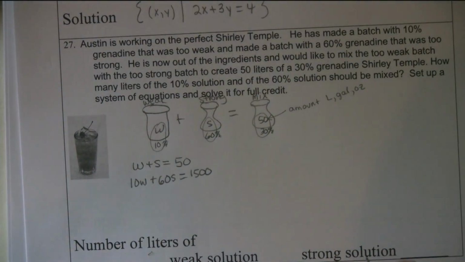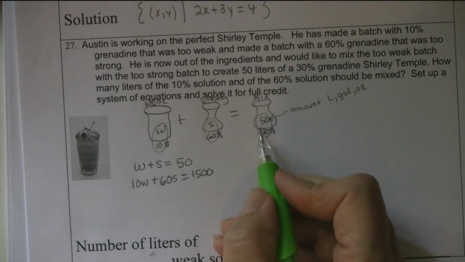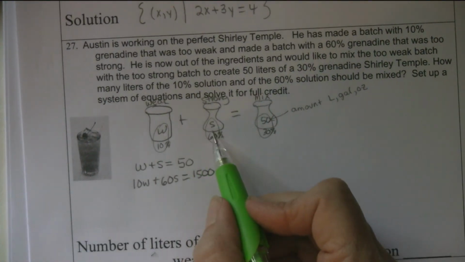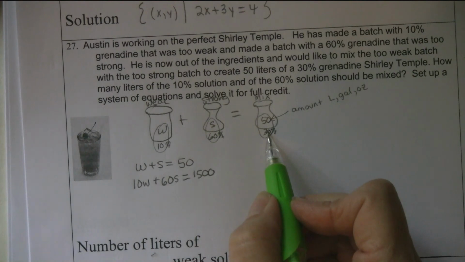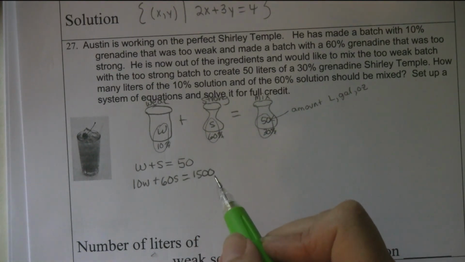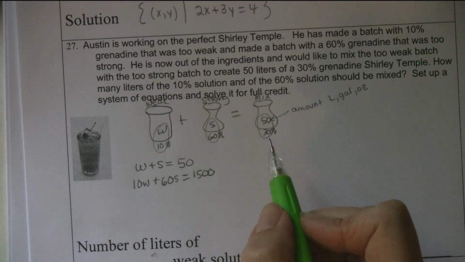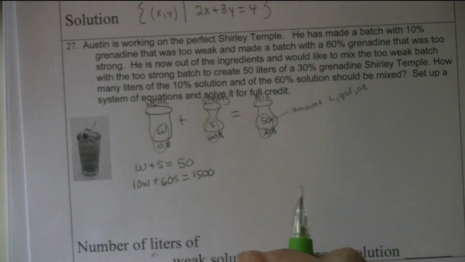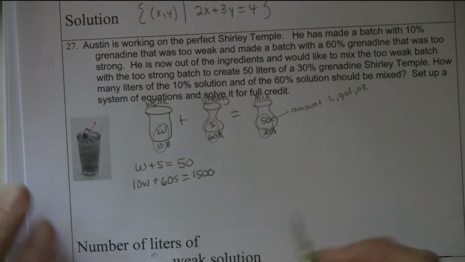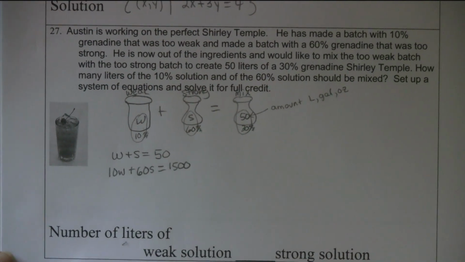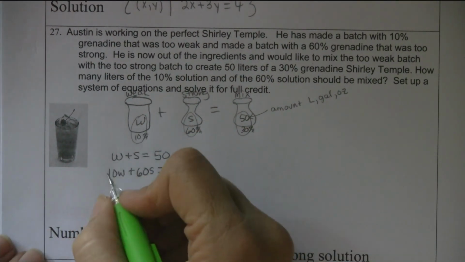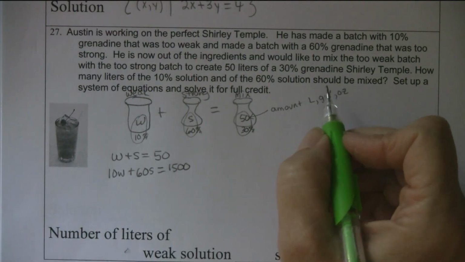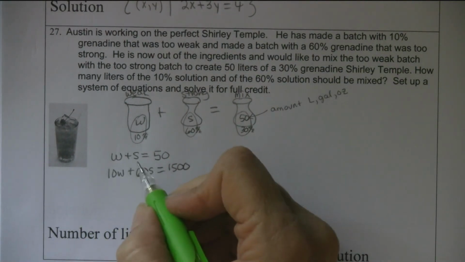If I had a nickel for every time a person did this part right but did not multiply those together, or put the percent sign in and got a decimal but didn't do it over here, I'd be rich. So watch yourself on that. And so there's my two equations. Remember, it said I had to have the system of equations for full credit. So there's my system of equations.